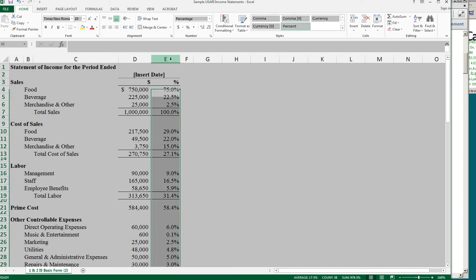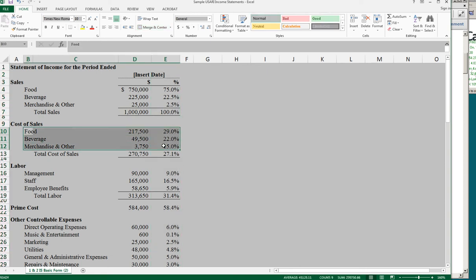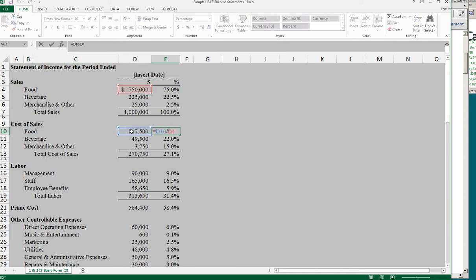So this entire column is the line item as a percentage of total sales, except for the cost of sales section, where individual cost of sales lines are as a percentage of their respective sales lines. Okay, hopefully that makes sense. If not, go ahead and take a look at the formulas, and that should make better sense.